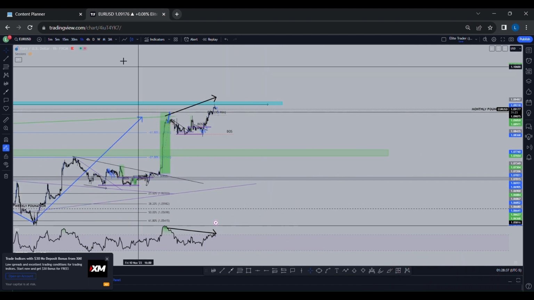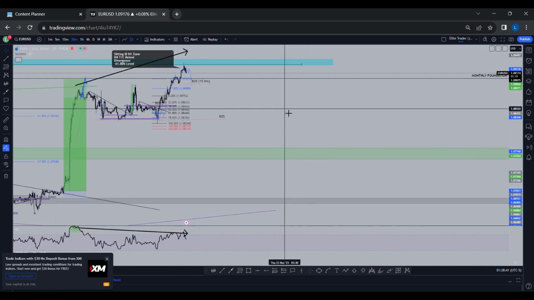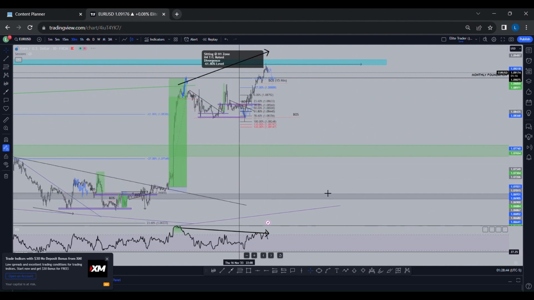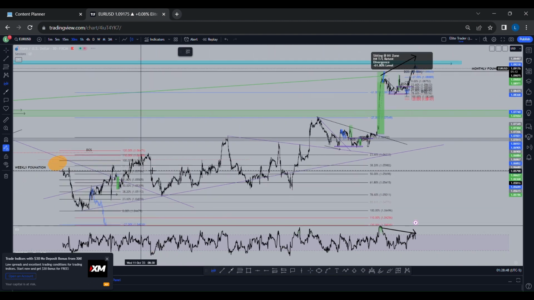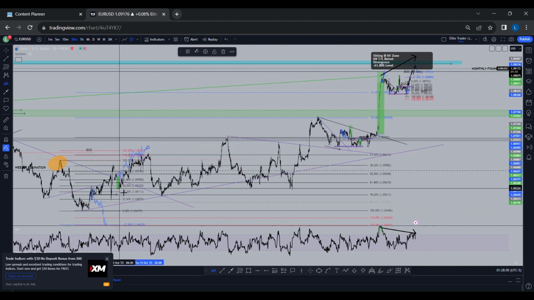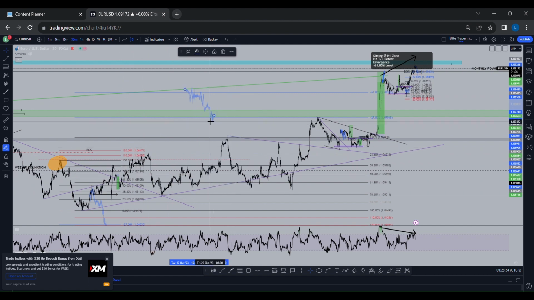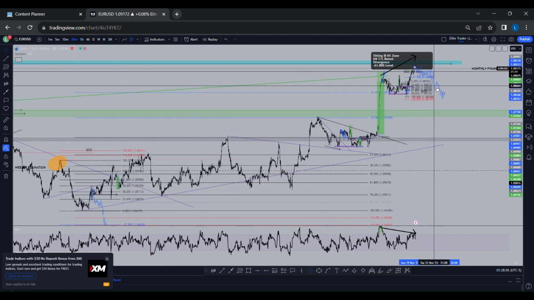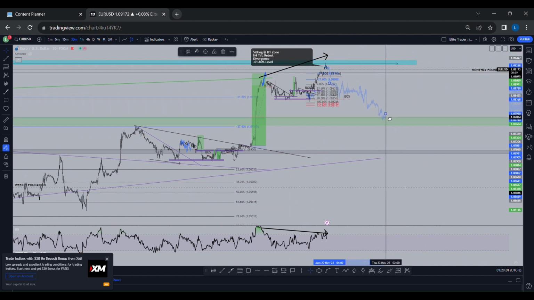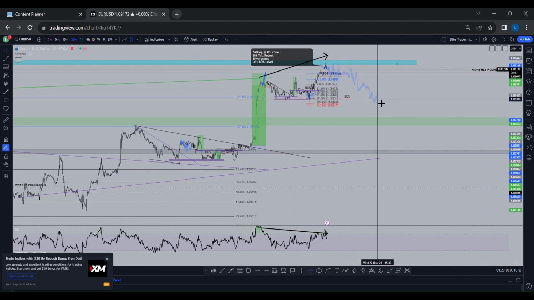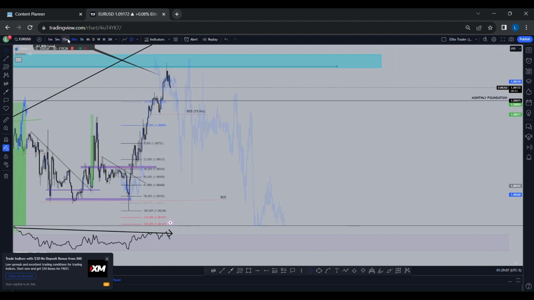We're sitting at a zone, and so my bias for the upcoming week, guys, is that the market could potentially go into a sell. That's my bias for the week. So I'll just put this ghost pattern. This is just what I have, guys, for the upcoming week.